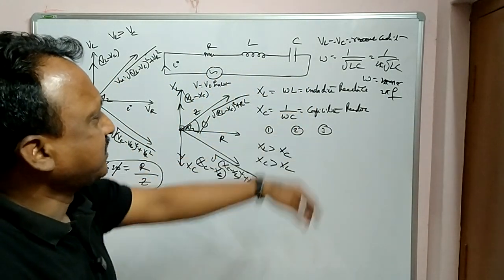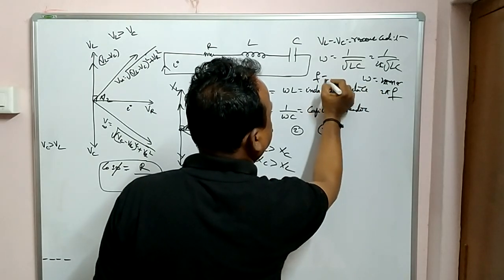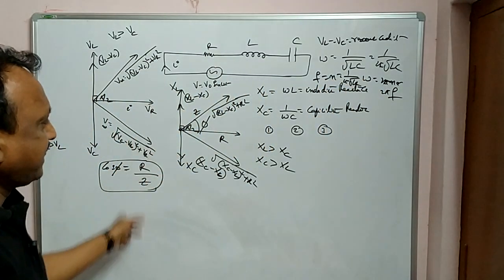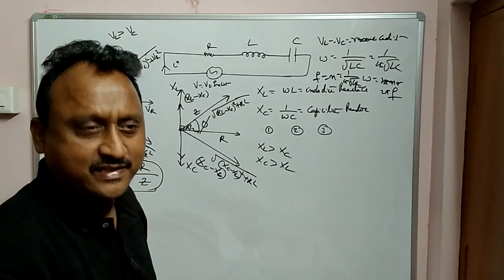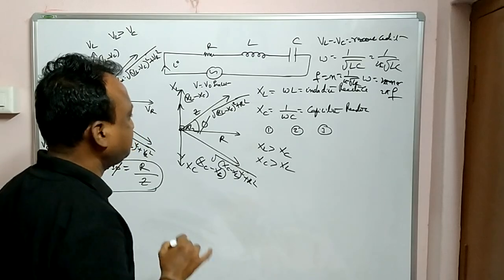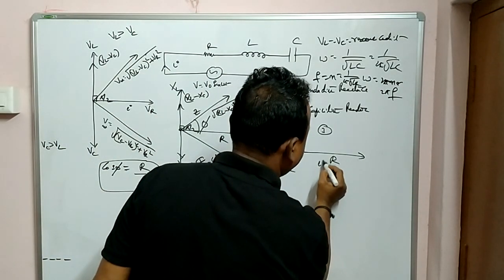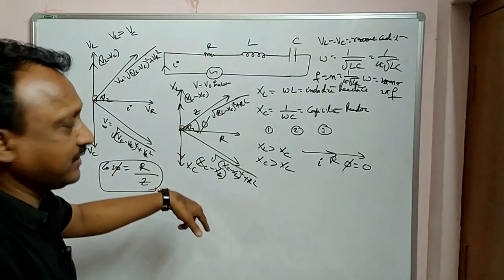So F is equal to N, that is 1 by 2 pi root over LC. When these two are equal, it is equal to a pure resistor, and the phase difference is equal to 0. Only the resistance will be present, and current and voltage will both be in the same direction.